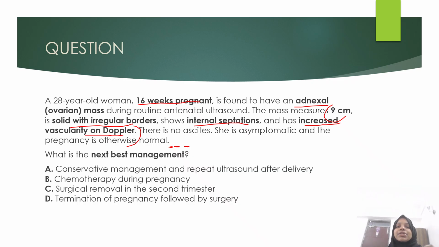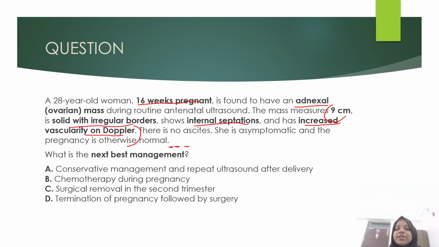And when the patient is already in her second trimester, the best management is to resect that ovarian mass as soon as possible in the second trimester itself, because if it was detected in the first trimester, the risk of miscarriage is higher. If it's in the late part of pregnancy, again it can lead to preterm delivery. The safest window is the second trimester.